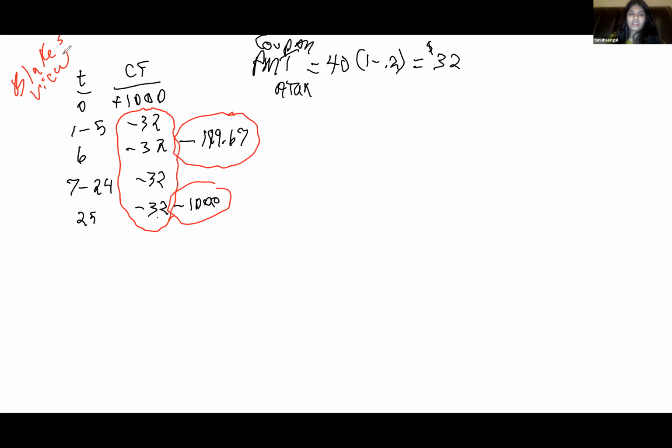So a big question is, what is the rate of return they're paying on the bonds? Or another way to say it, what is the after-tax cost of this funding?